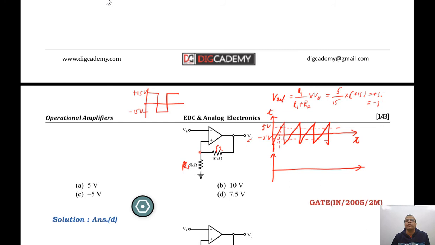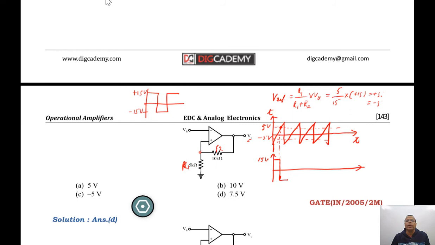At this instant, when input becomes more than plus 5 volt, output will change from plus 15 to minus 15. That means before that it is assumed to be plus 15, right? But at this instant my output is changing from plus 15 to minus 15, right?